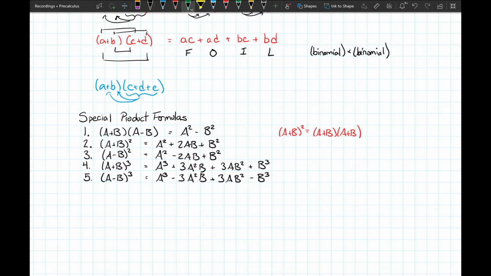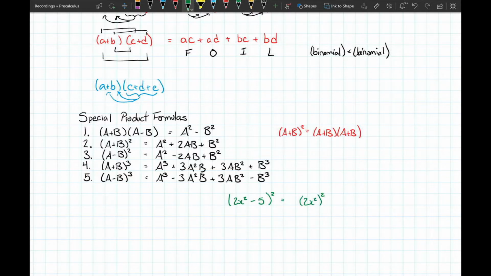Now, remember, like I said, capital A and capital B are just placeholders for whatever that term happens to be. So if you have 2x squared minus 5, and that was all squared, and you can remember your square, double the product, square, then you can actually just say, well, the first thing in there is 2x squared, so it's 2x squared all squared.